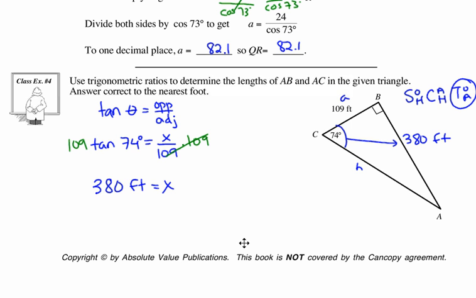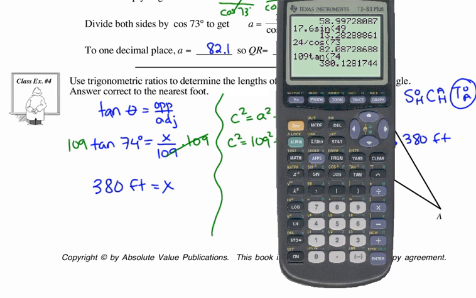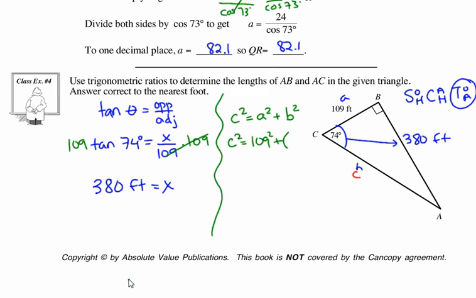You could use tan ratios again, or if we know two sides, how could we get a third? Pythagoras. c squared equals a squared plus b squared. And we're looking for our hypotenuse, which is our c. So c squared is equal to 109 squared plus, we should technically use the exact value they gave us, right? That exact value of 380.128, and so forth.